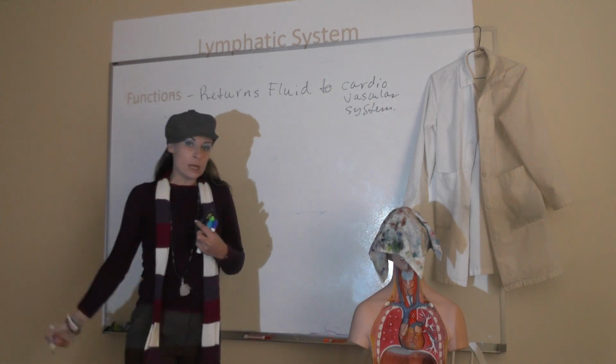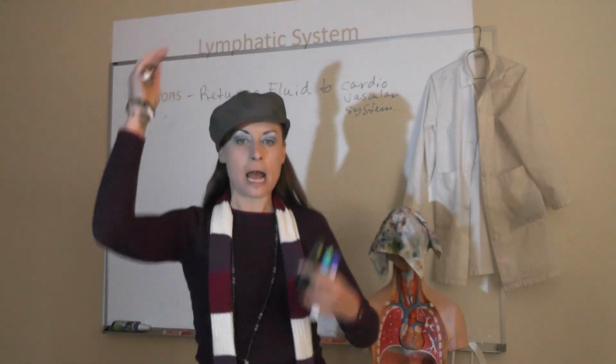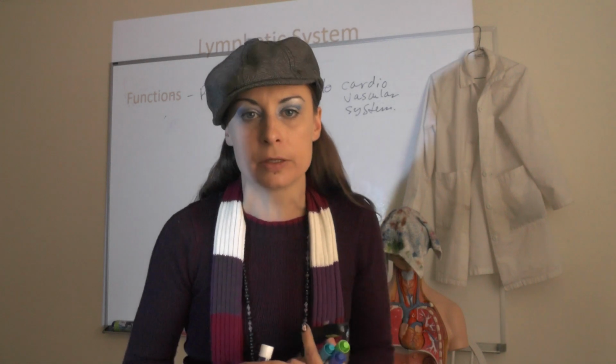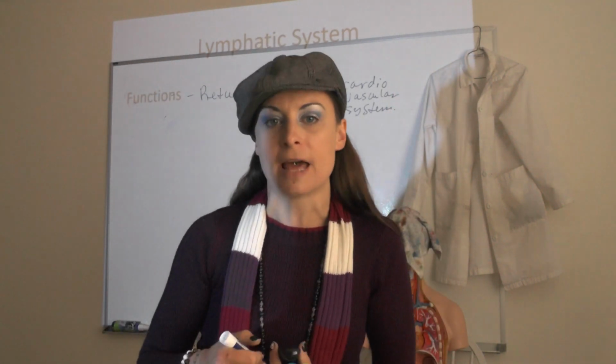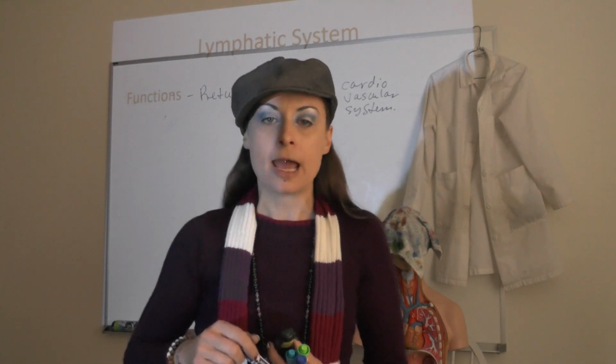And if you recall, in capillary exchange, we pushed out everything we were going to push out on the arterial side of the capillary bed, and then we only reabsorbed 85% of that into the venous side of the capillary bed. That meant that 15% of that fluid got left there in the interstitial space.